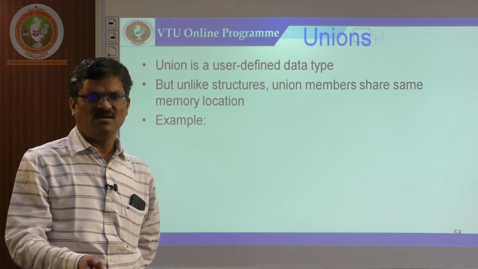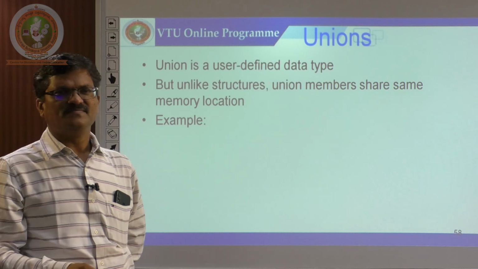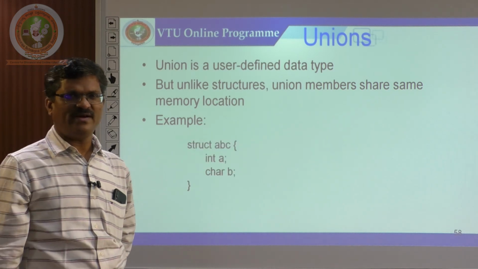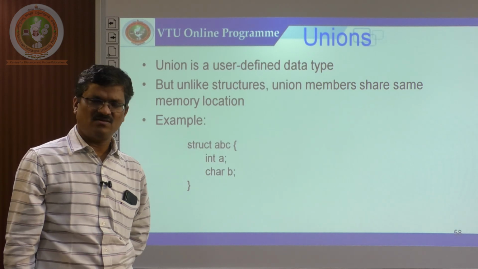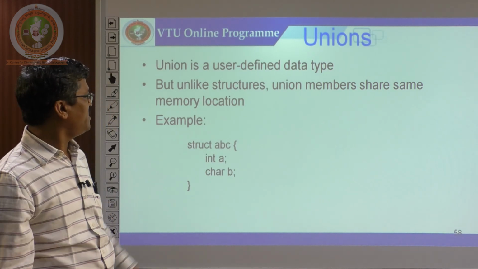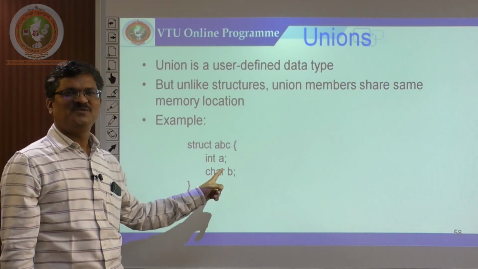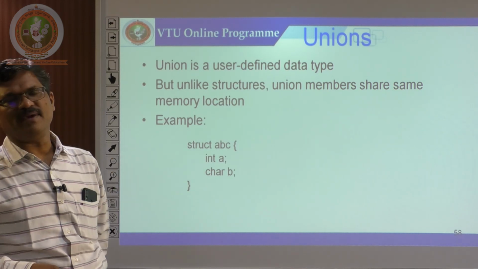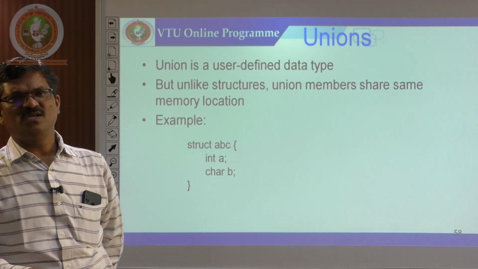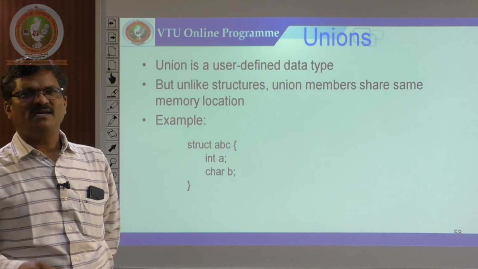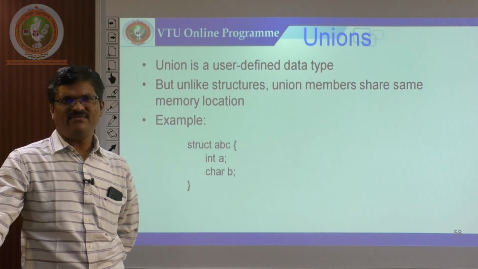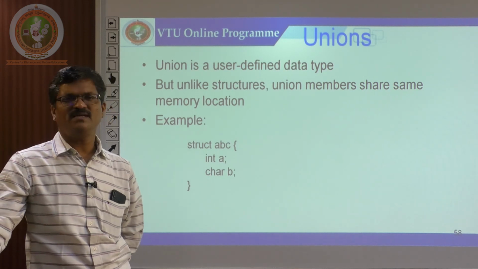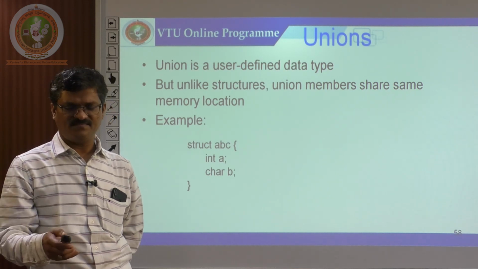So, we will see one sample over here. This is the way we define a structure, we know it. We are defining struct ABC to include int A and char B. We know that an integer is usually of size 4 bytes, and we assume 1 byte for B, a character.